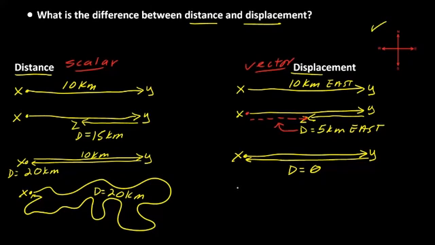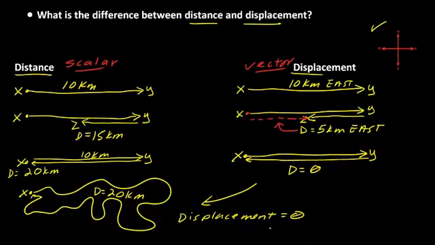Alright, let's take a look at this next example down here. We walked this curved path. And I won't redraw this path, but if we look at the distance that we traveled along this curved path over here, we traveled a total distance of, I said, 20 kilometers. But since we came all the way back to the original origin, our original starting point, the displacement is equal to 0.